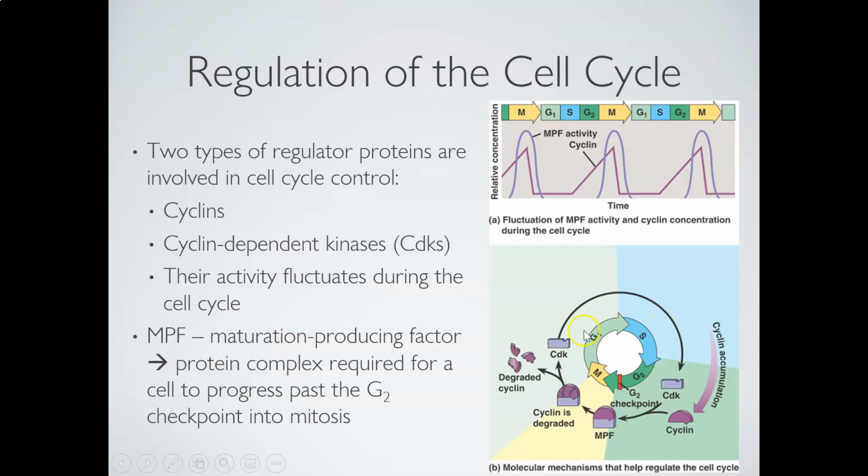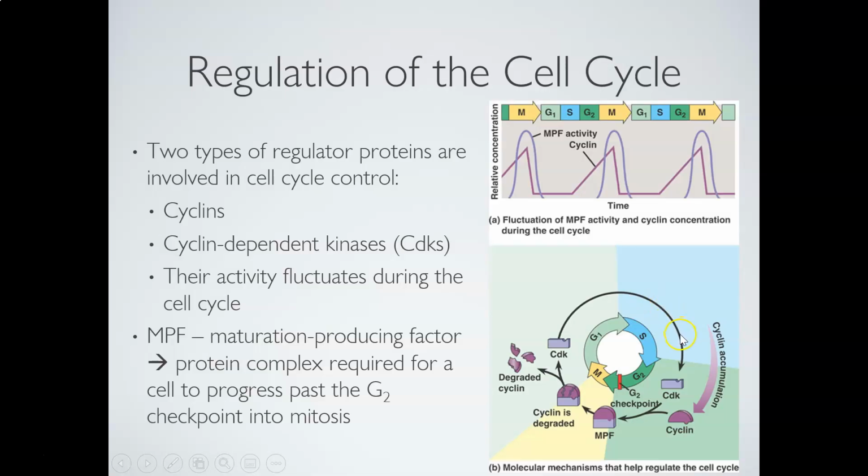When we get through the G1 checkpoint, we start getting into that synthesis phase. We're going to start accumulating that cyclin molecule. So we're going to basically turn on the gene in the process of passing through that G1 checkpoint to start producing cyclin. So I'm going to activate that gene and start going through protein synthesis.